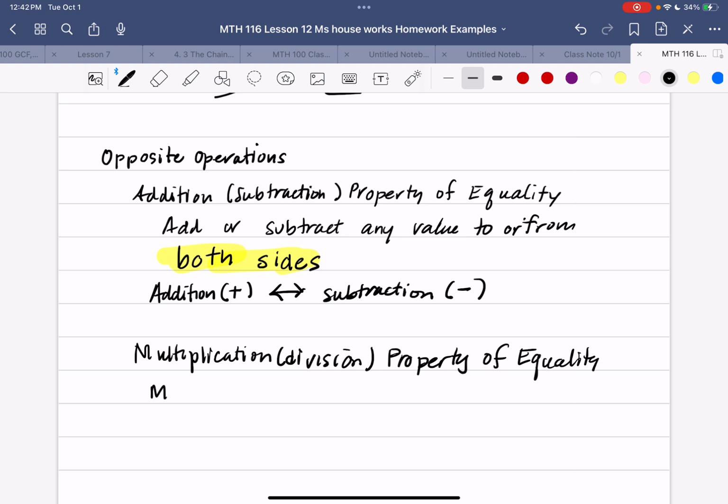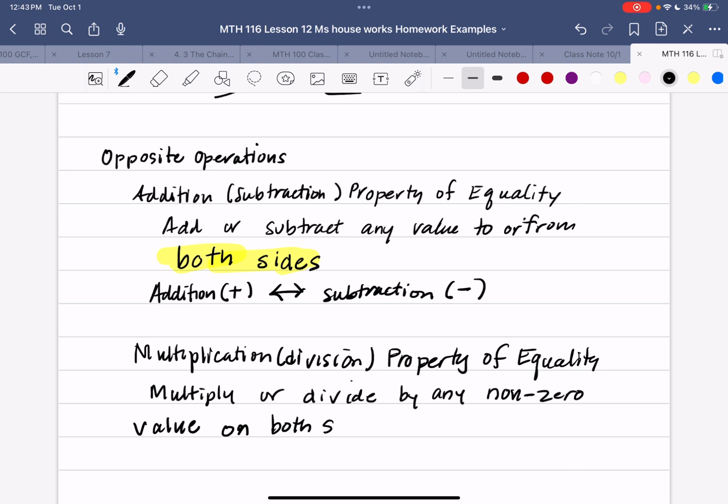You can multiply or divide by any non-zero value. Can't do it with 0. Can't divide by 0. Can't multiply by 0. As long as you do it on both sides. It's got to be the same thing, both sides, like we said before.